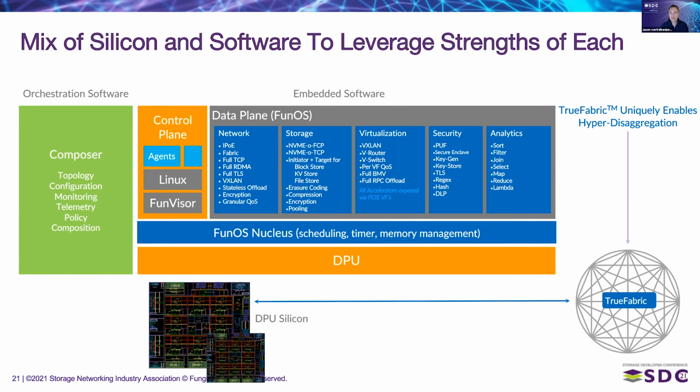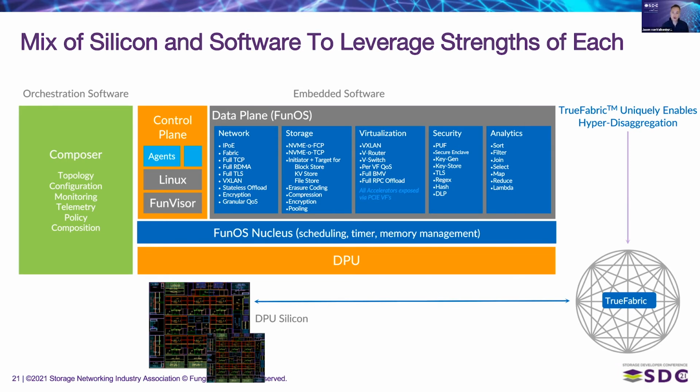We match it with software called our Composer, which handles things like configuration, monitoring, telemetry. So we have a chip that has a data plane on it that handles all of the data processing. We have a control plane that manages that data plane that's on the chip as well. And then we have a Composer layer of software that manages higher level concerns.